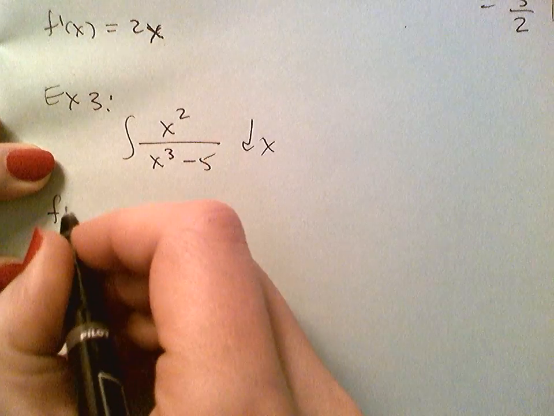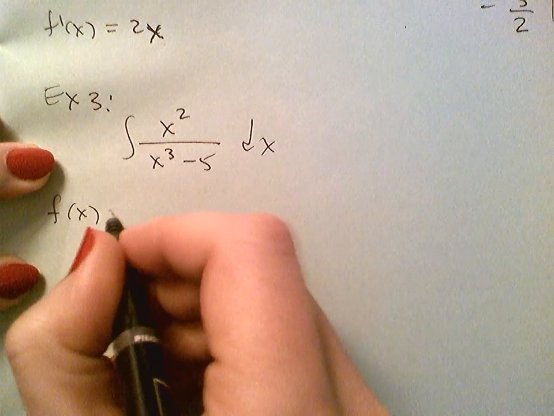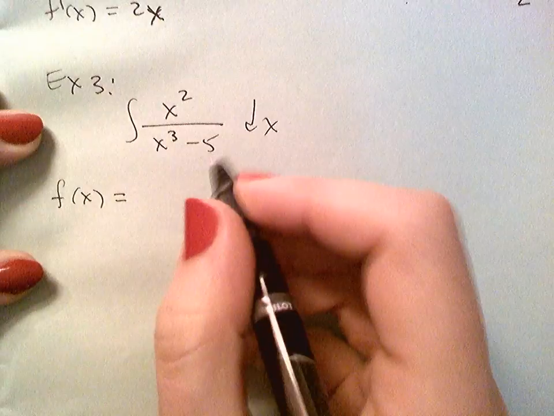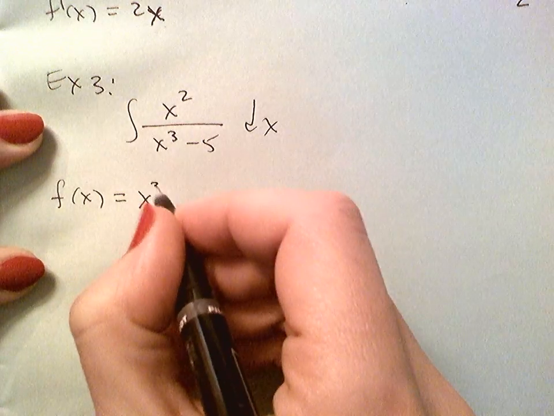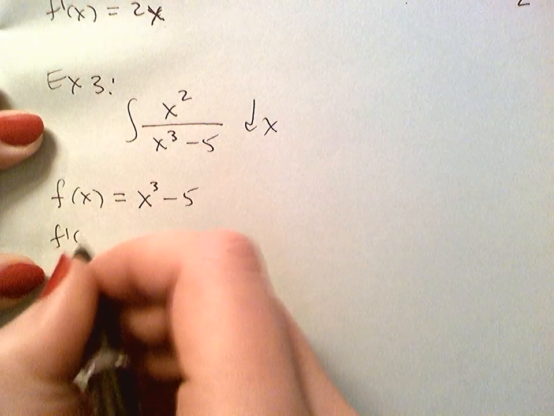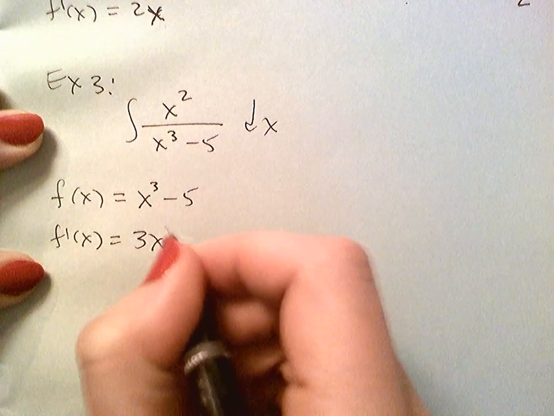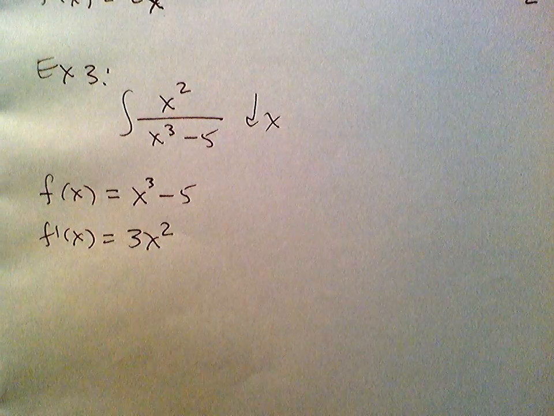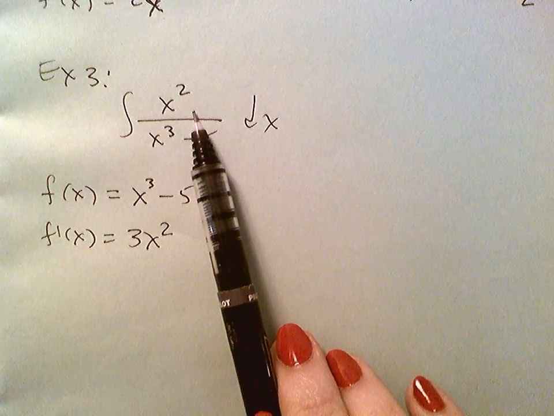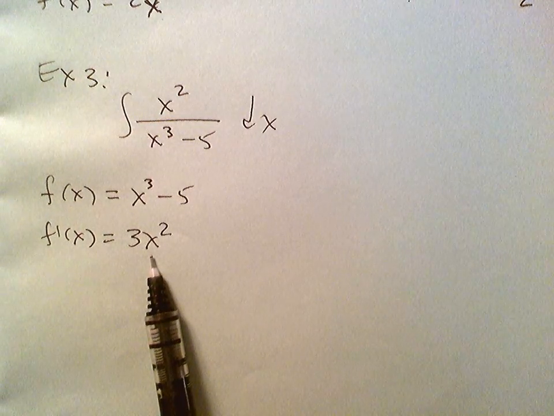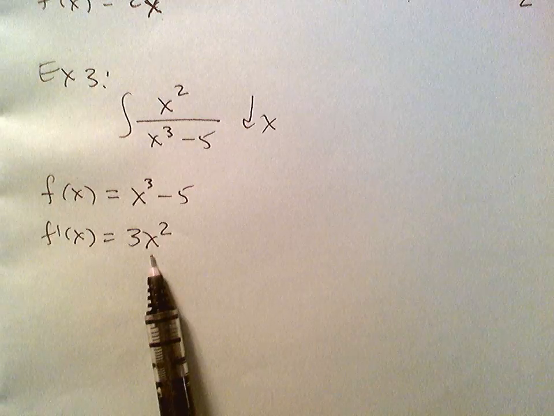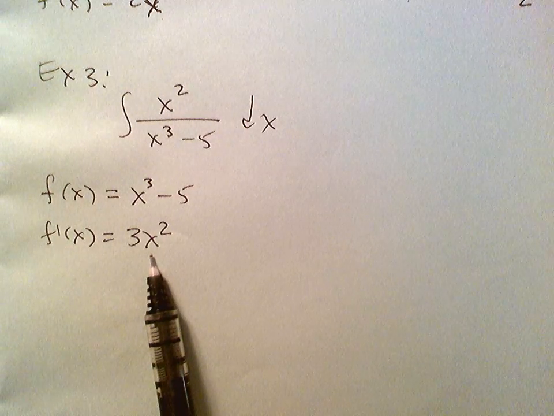So let me see if I can use the formula that I wrote on the other page. So f of x equals always the denominator. F prime of x equals 3x squared. All right, so if this numerator was 3x squared, then I would have it. So I'm only off by a constant multiple. I'm only off by a coefficient.